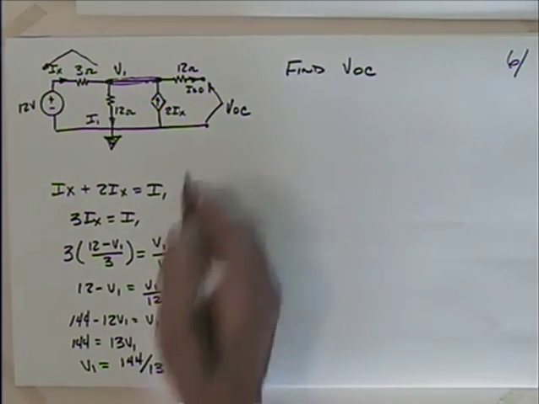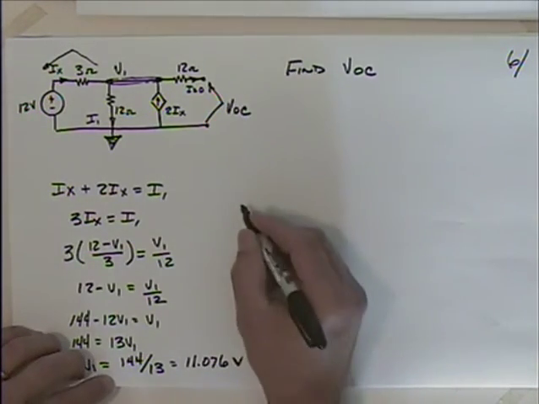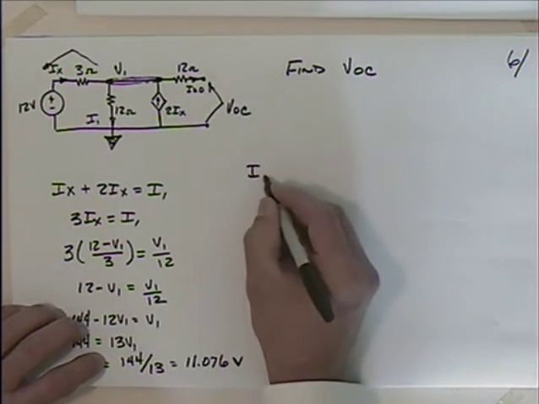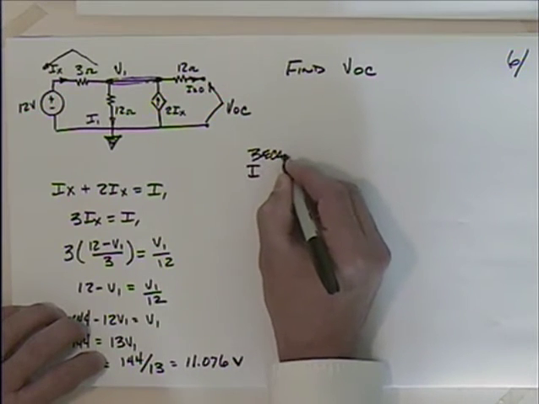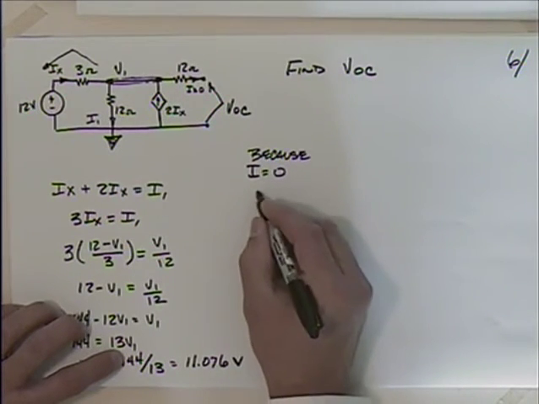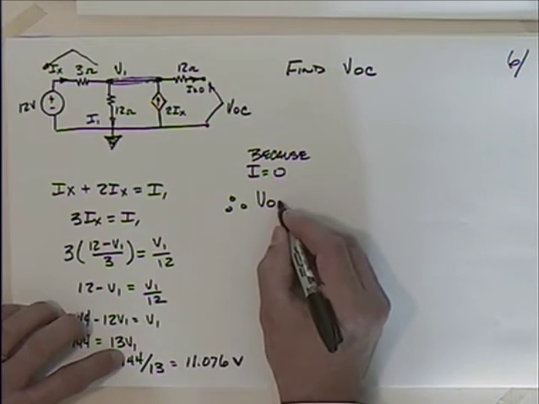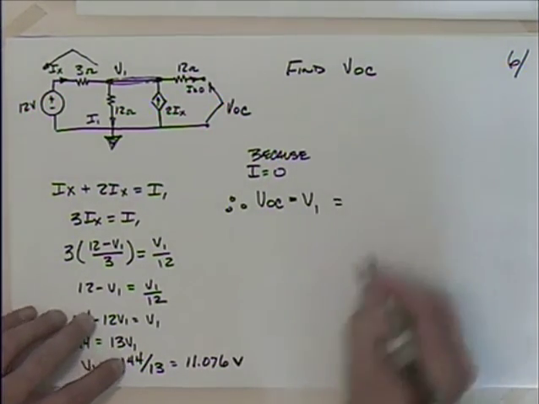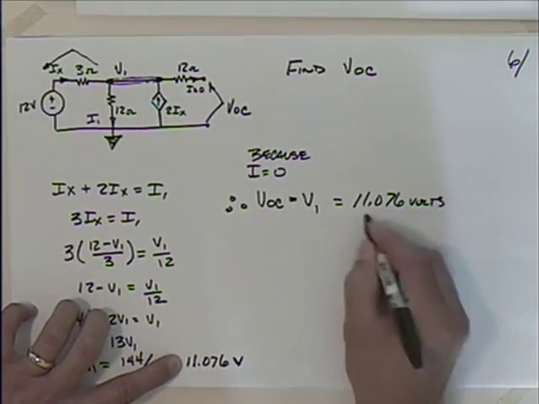Now that's V1. So what's V open circuit? Well, I say that because this current here, I, is equal to 0, V open circuit is equal to V1, which would be that 11.076 volts.